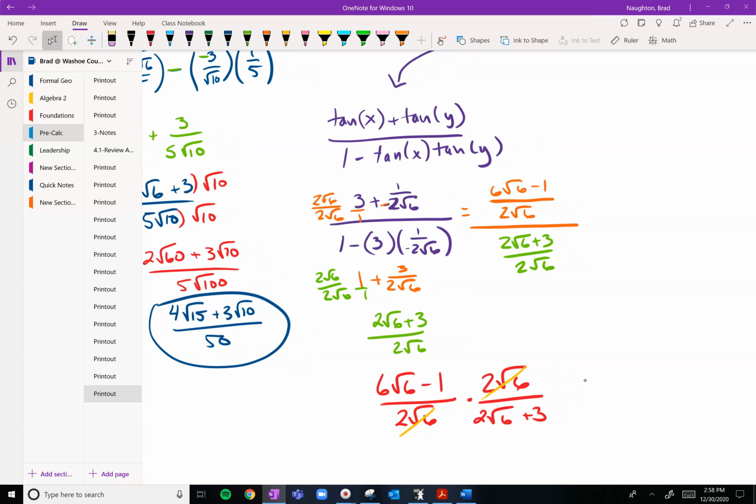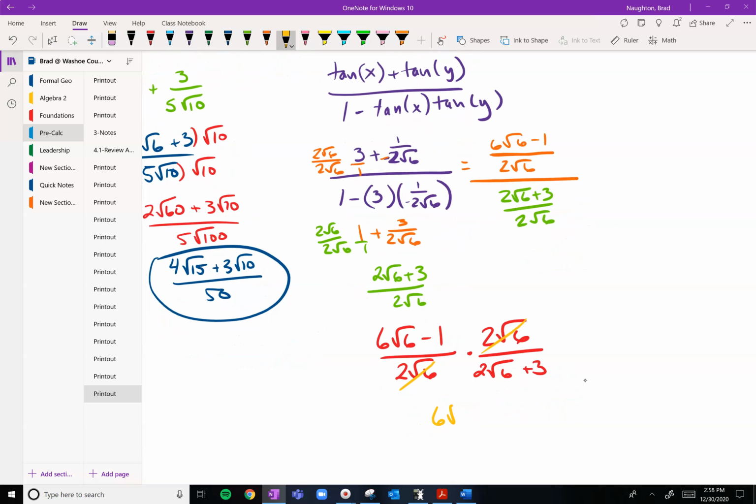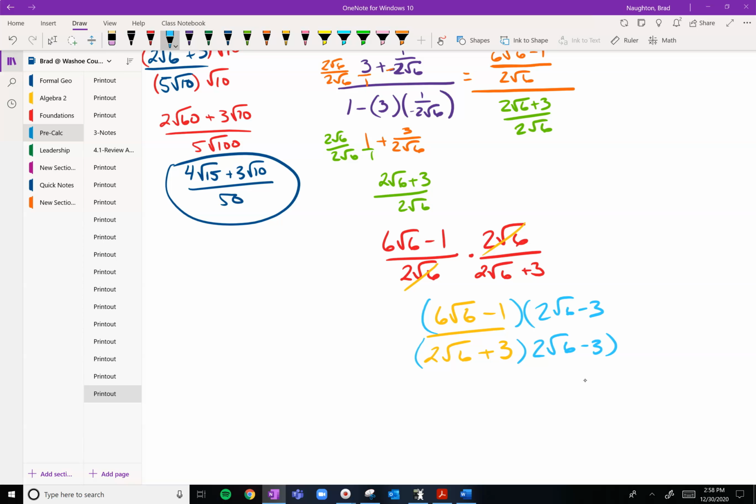And so I would be left with the remainder here, which looks like this. And then we would do a complex conjugate to go ahead and say that this would be 2 root 6 minus 3, and then 2 root 6 minus 3, and then you would multiply from there. So that is a way you definitely could have done it.